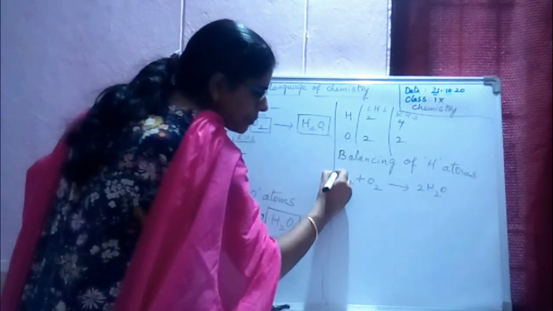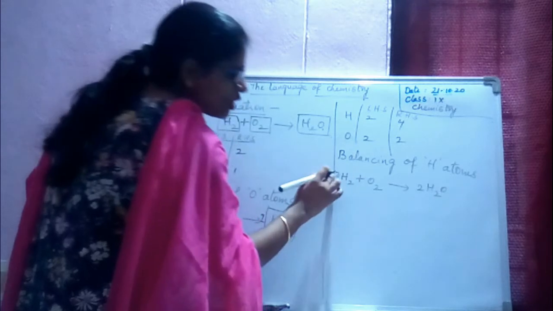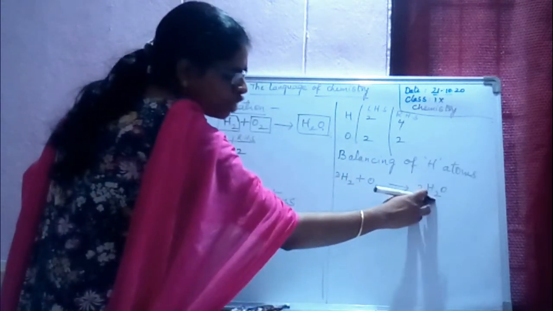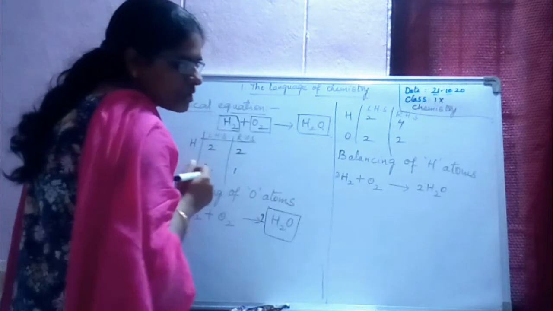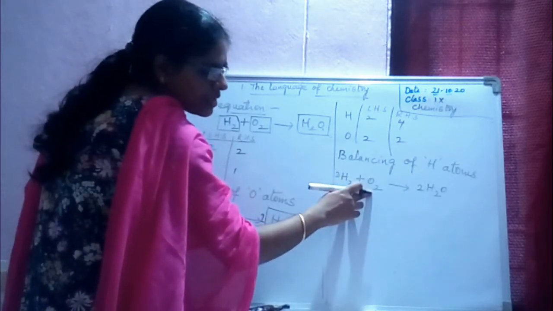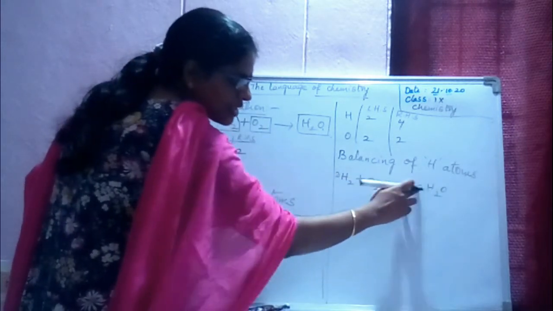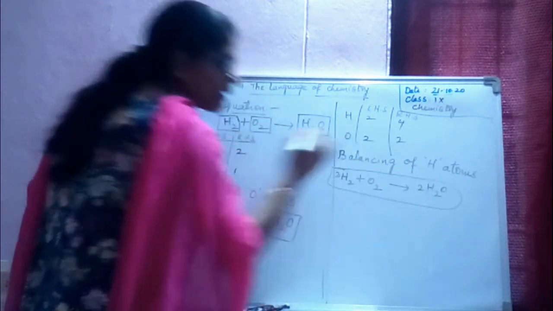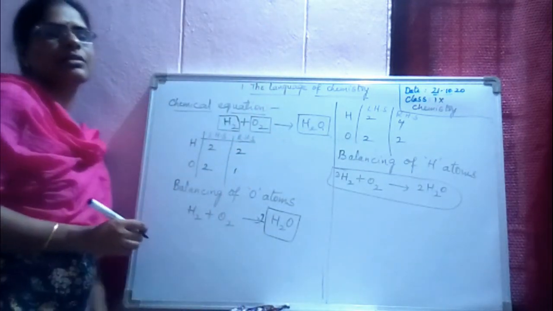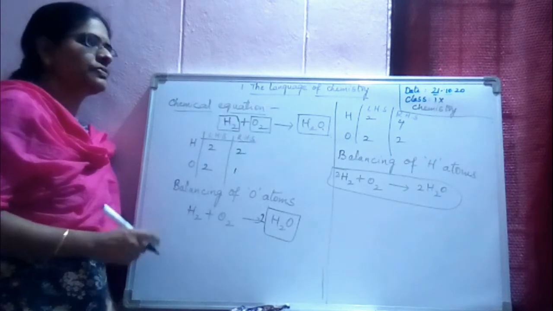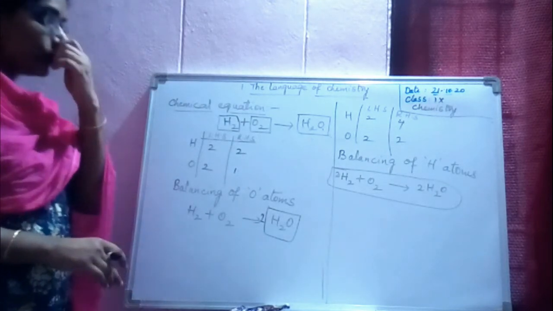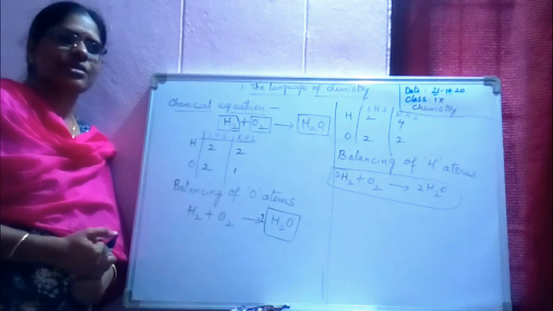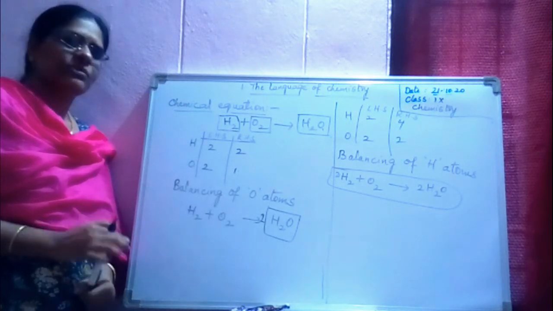Hence if I keep 2 here, 2 into 2, how many? 4 hydrogens. How many oxygens? 2. How many oxygens? 2. This is your balanced chemical reaction. Okay? This is how to balance a given chemical reaction. Okay, children?